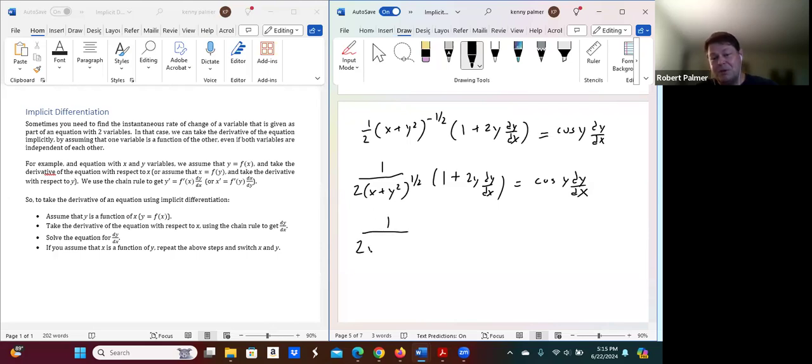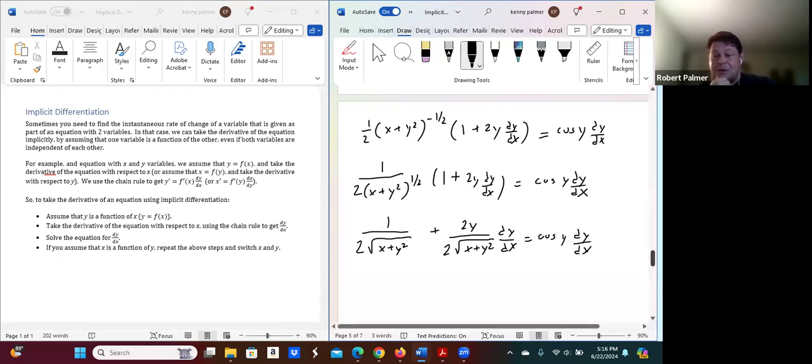So the 1/2 power is going to be the square root of x plus y squared, times 1, plus 2y over 2 times the square root of x plus y squared, then times dy over dx is equal to the cosine of y times dy over dx. Okay, so all I did was just distribute this term, both of these.